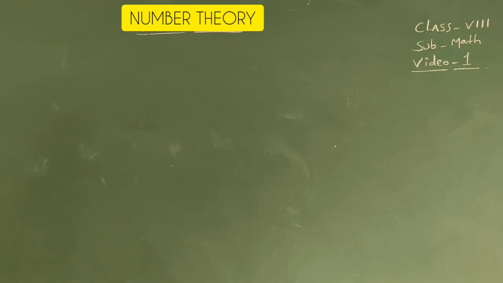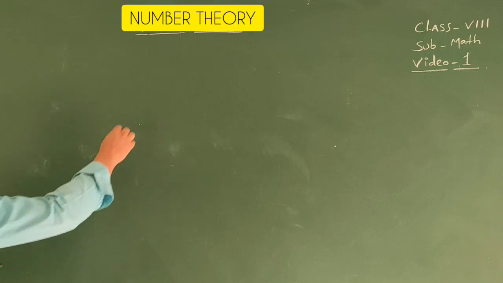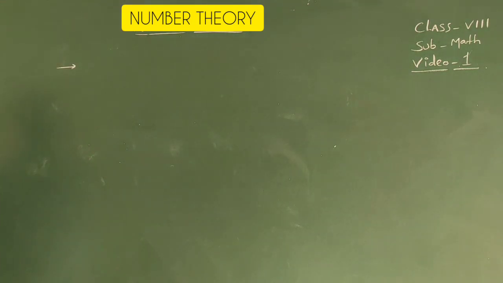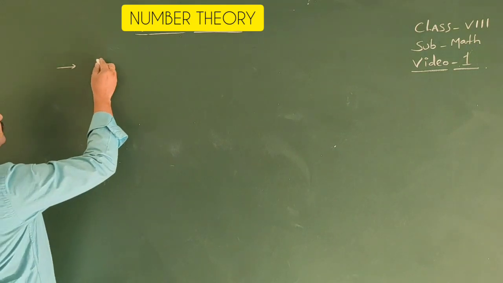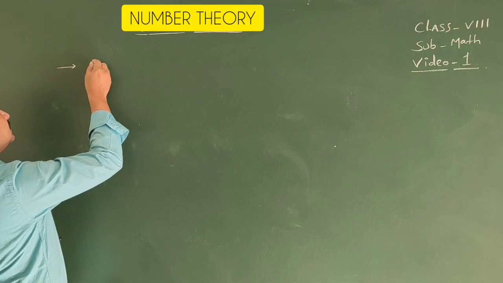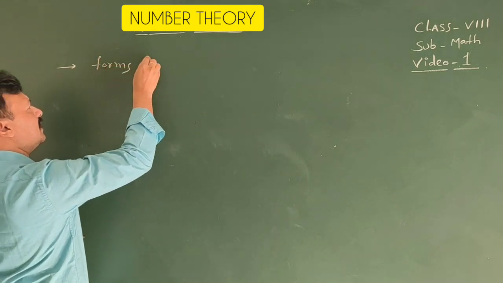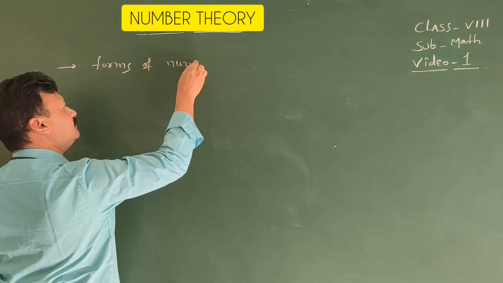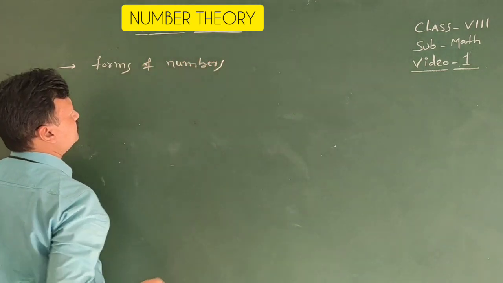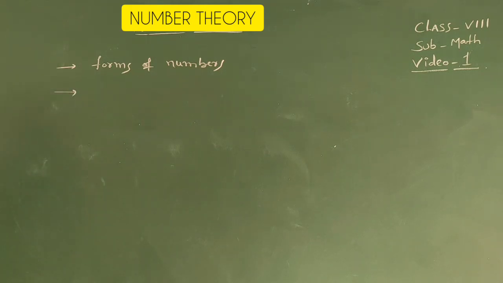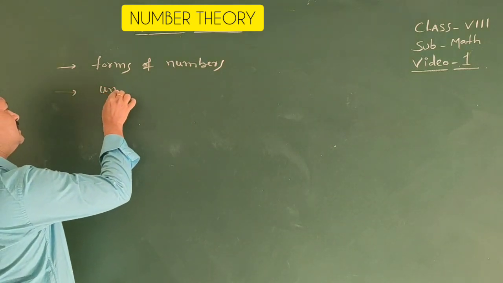In this chapter, we have to discuss these subtopics. First, forms of numbers, characteristics and forms of numbers. Next, units digit concept.